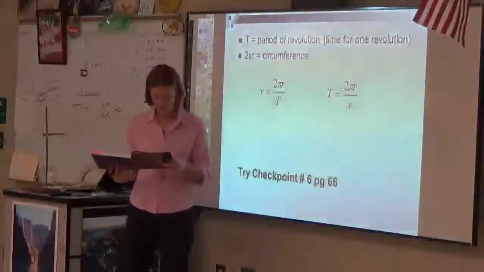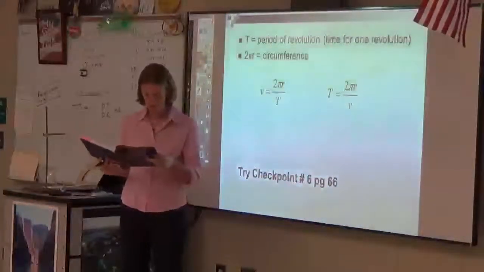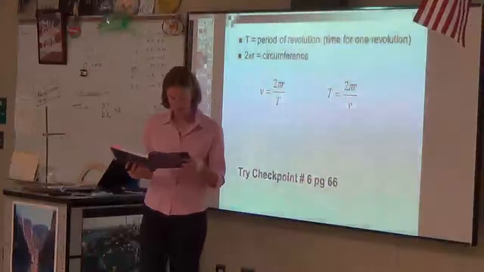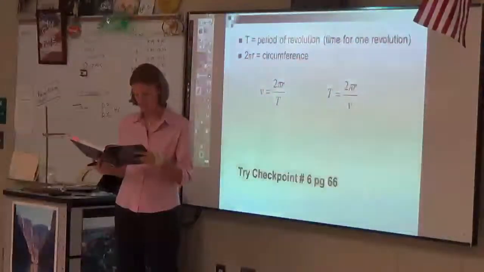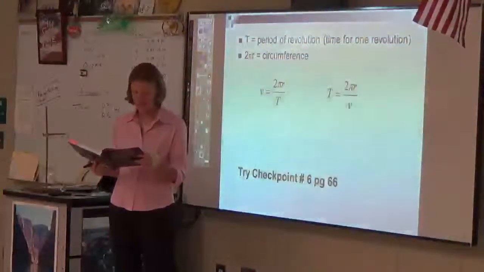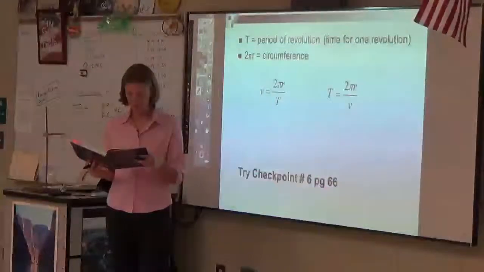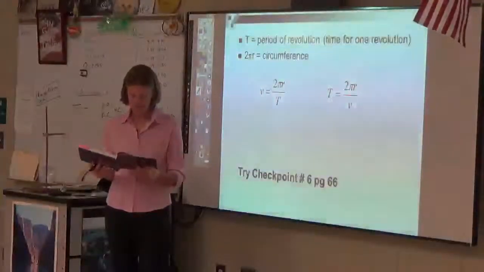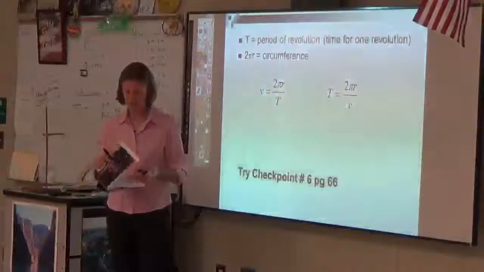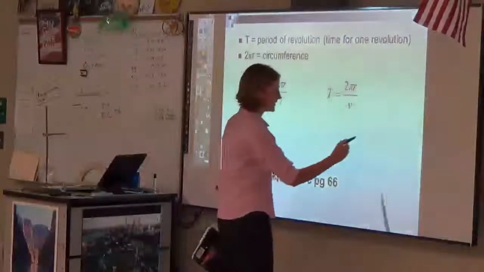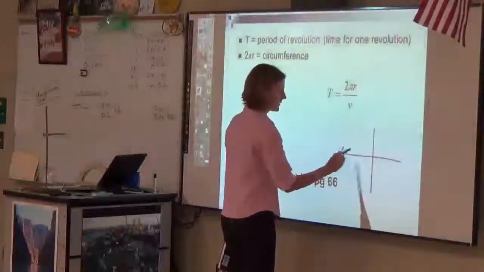Okay, so page 66, number 6. An object moves in a circular path in the xy plane with the center at the origin. When the object is at x equals negative 2 meters, its velocity is negative 4 meters per second, j. So let's just set that up for a second. Okay, so we have a circle.